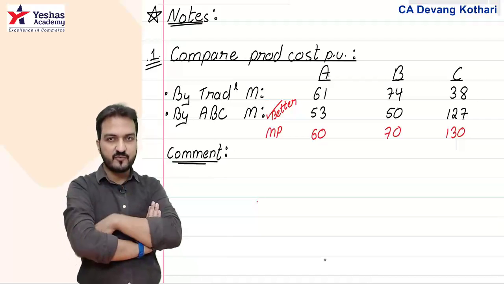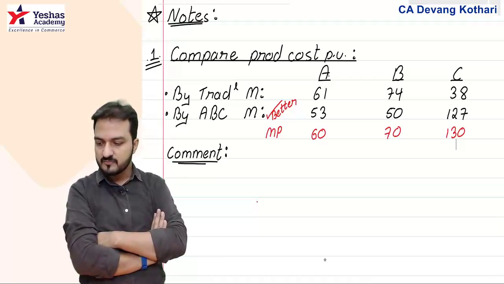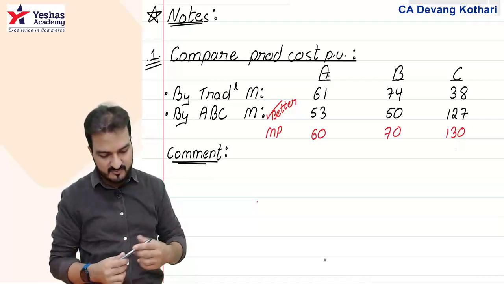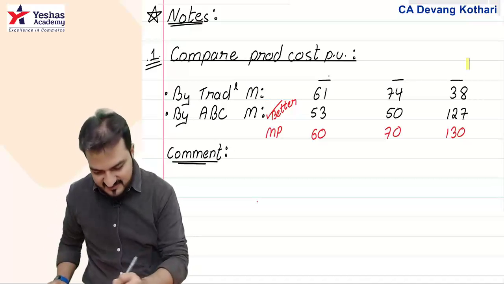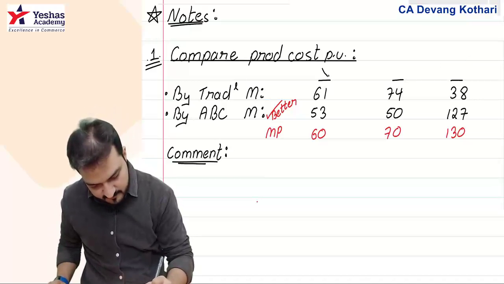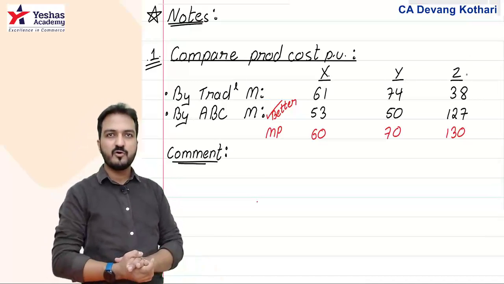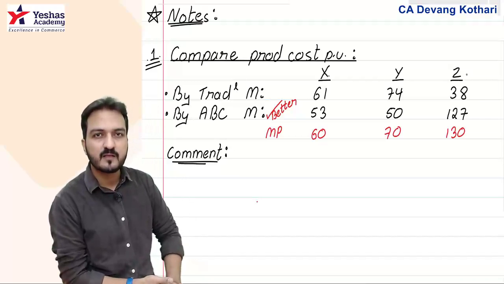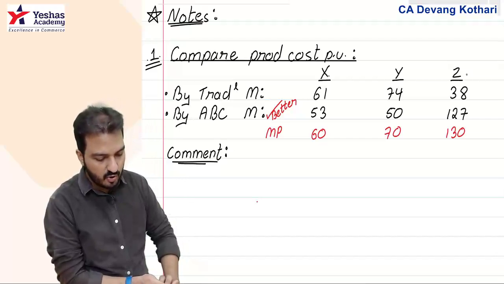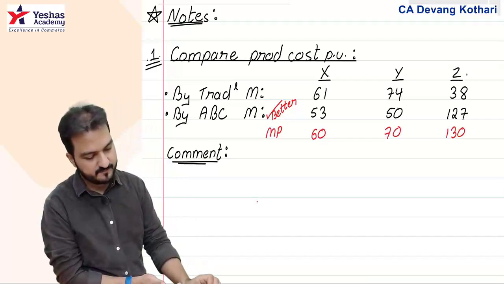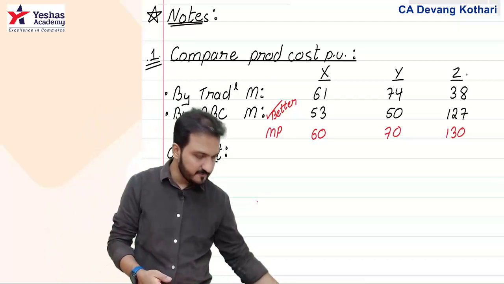Under that first paragraph, write down, for product X and Y, it is not A and B, my mistake, it is product X and Y. For product X and Y, traditional method gives a higher cost estimate.